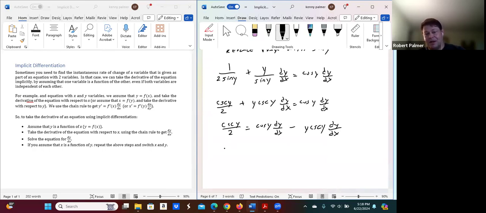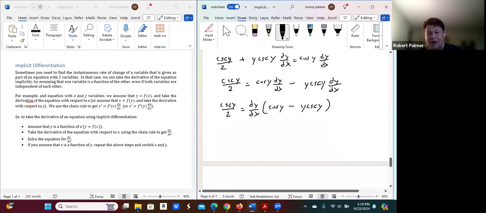Our left side stays the same for now. Cosecant of y over 2 is equal to dy over dx times cosine of y minus y times the cosecant of y. Okay, and then basically just one more step, divide both sides by this.